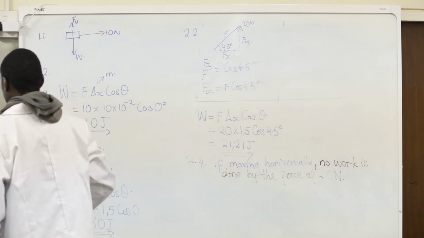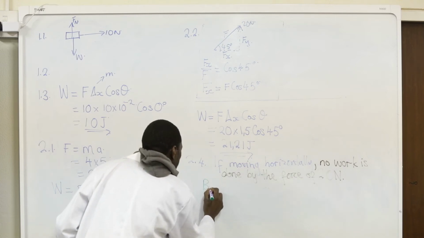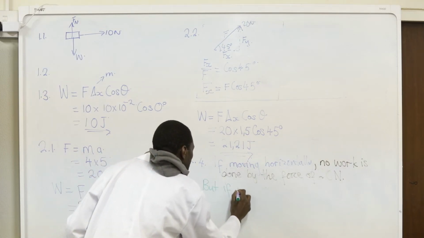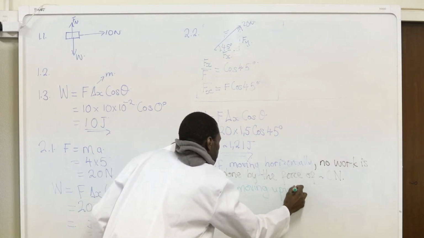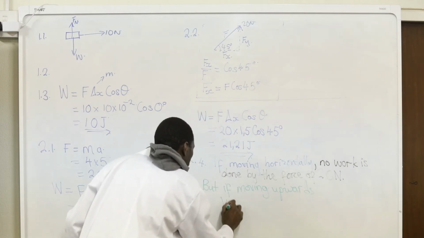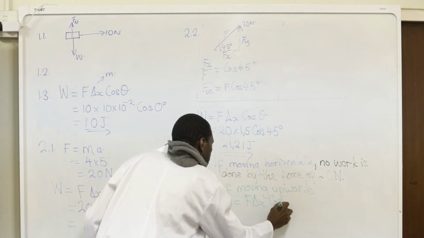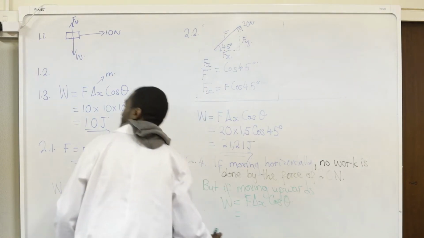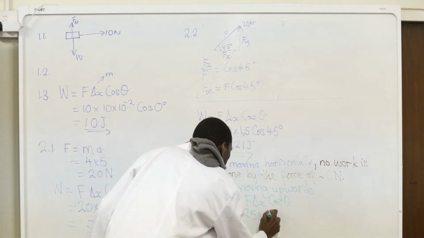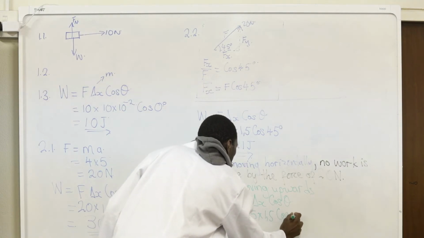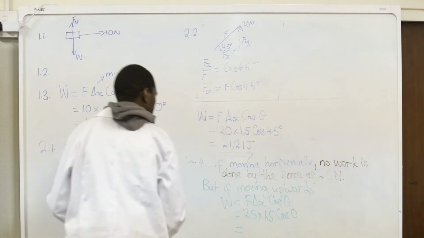which is upwards, if it's moving upwards 1.5 meters, the work done will be equal to F multiplied by change in x times cos of theta. Your F there is 25 newtons multiplied by 1,5 multiplied by cos of 0, because it will be parallel, which is at 0 degrees.